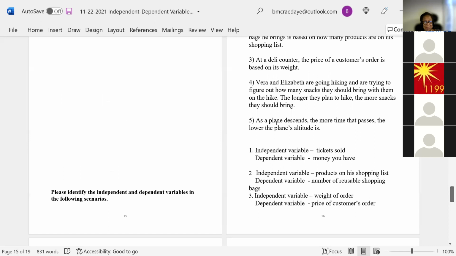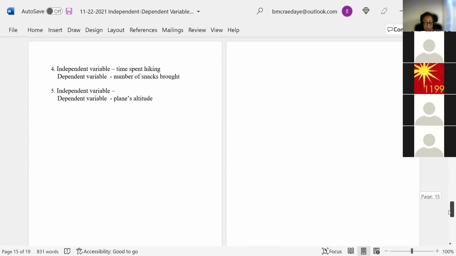As a plane descends, the more time that passes, the lower the plane's altitude. So the plane's altitude is dependent upon what? The plane's altitude is dependent upon the time passing during descending.